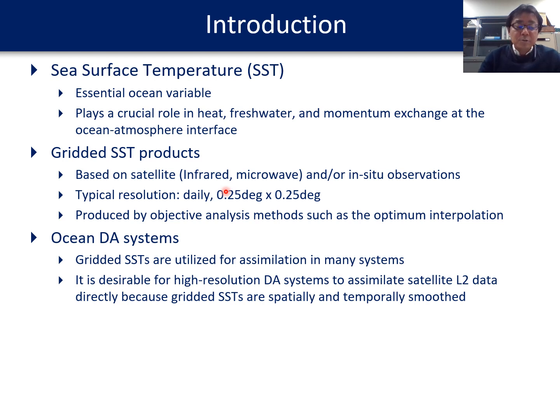And in many ocean data assimilation systems, such gridded data are utilized for assimilation. However, it is desirable for high-resolution systems to assimilate satellite level 2 data directly because gridded SSTs are spatially and temporally smoothed.